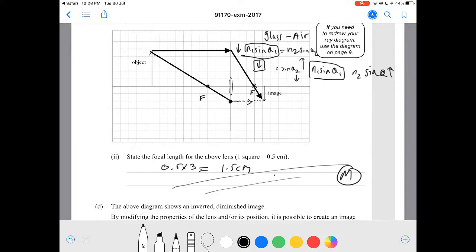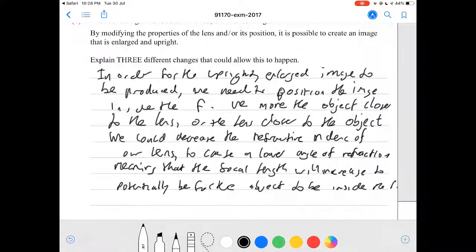If we make it less curved, then it'll take longer for it to make a full circle, and if it takes longer to make a full circle, then our radius will be further along the axis. So our center of curvature will increase, and if our center of curvature increases, then our focal length will increase with it. So the object could potentially be inside the focal length after the change. It's basically just making a less curved lens, so one with a larger radius of curvature.